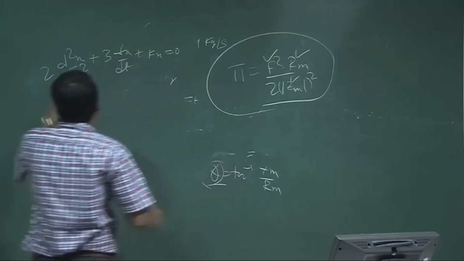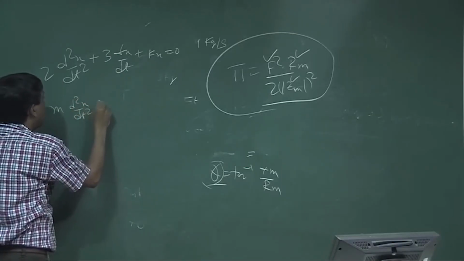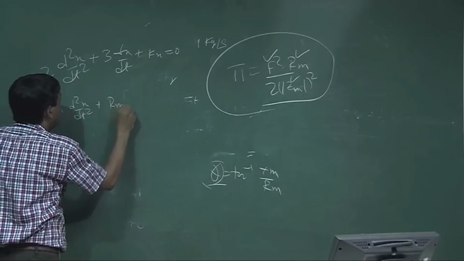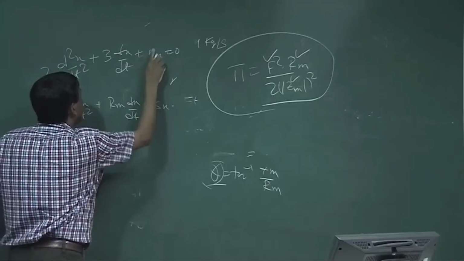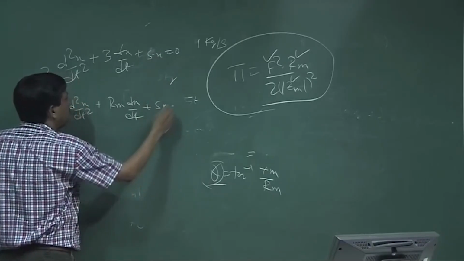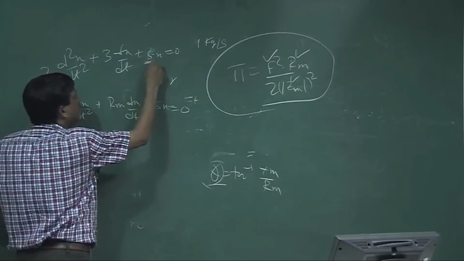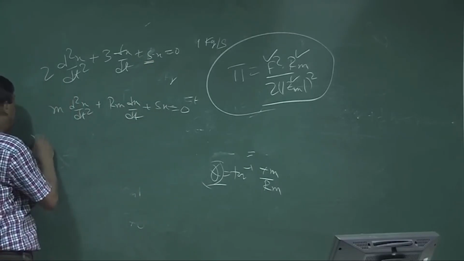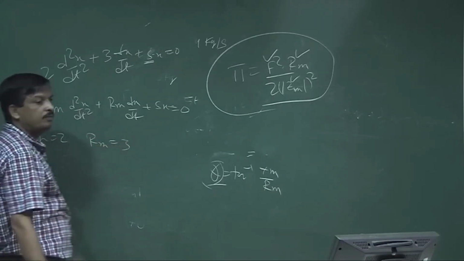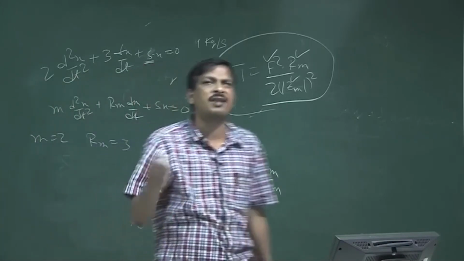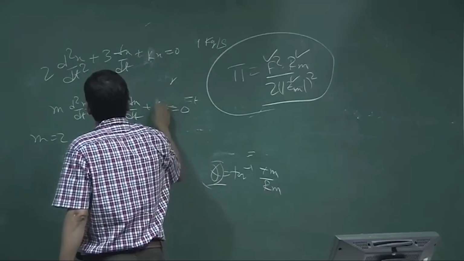If you know that, it is m d2x by dt square plus Rm dx by dt plus Sx, or kx, whatever you write, is equal to 0. So, this S value I do not know. M is equal to 2, Rm is equal to 3. Find out the value of k or S. Let us write k here, spring constant k.